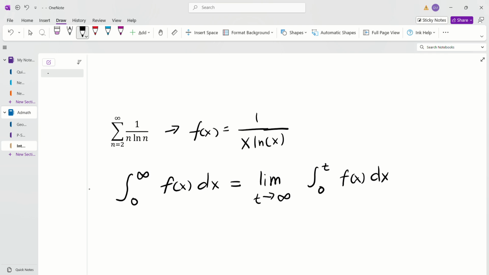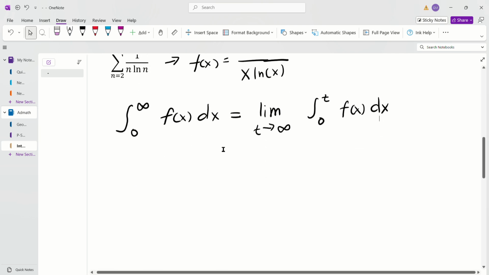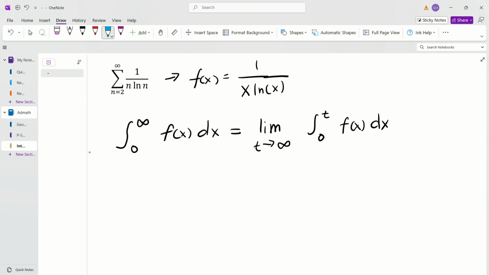Using this general formula, let me write: the integral from 0 up to positive infinity of 1 over x ln of x dx equals the limit as t approaches positive infinity of the integral from 0.